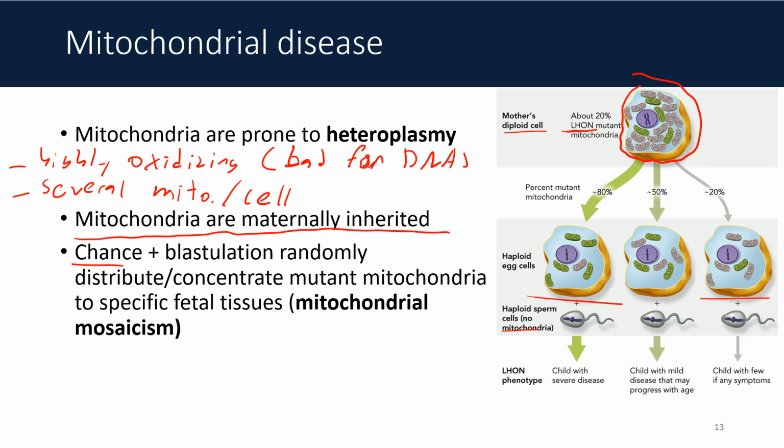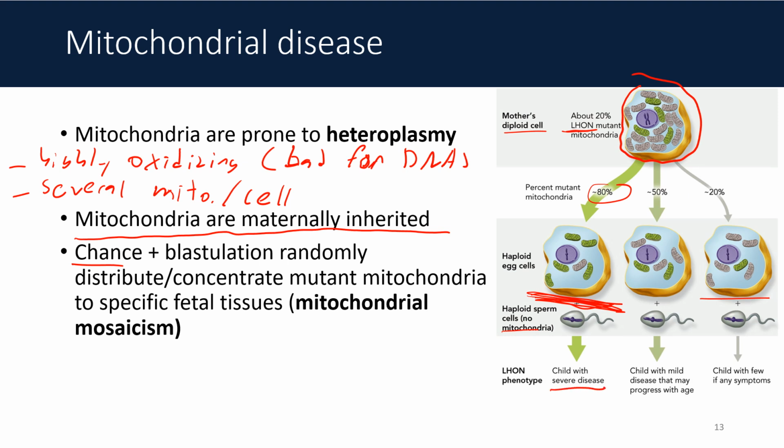This ovum unfortunately inherited a lot of these mutant mitochondria, 80% of them. So it's possible that the fertilized egg may become non-viable or result in a child with very severe disease.